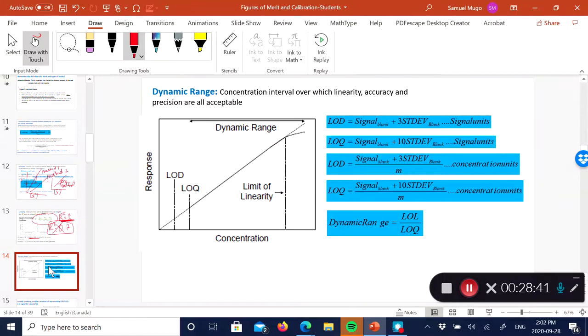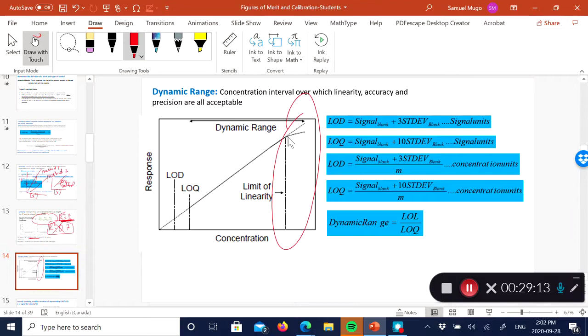So dynamic range is the other figure of merit. And this refers to the range, again, at which your concentrations give a linear response. And ideally, you want a dynamic range that is very, very large. So the dynamic range refers to the limit of linearity, that's the point at which your calibration deviates from linearity.